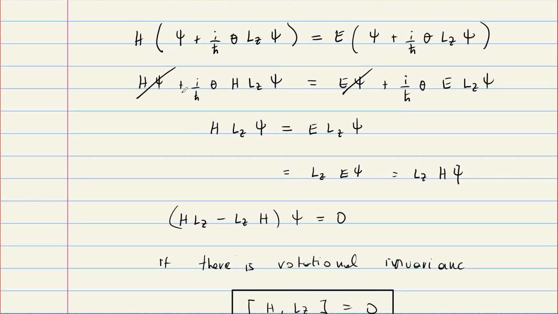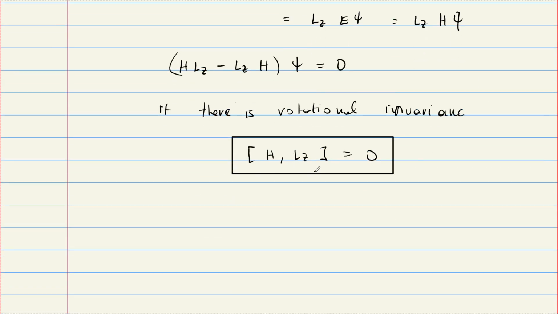So I took the lowest order: H psi is E psi. This is one equation. And the next is everything multiplying i, right? Good. Thank you. But there is nothing special about Lz, right? If this happens with Lz, x, y, and z are the labels I put.